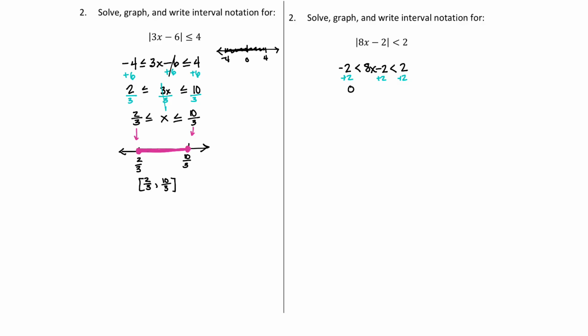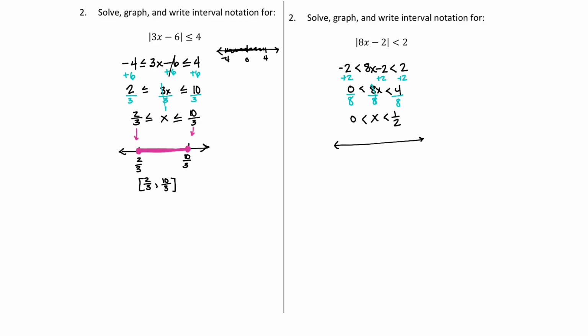And we get 0 is less than 8x, which is less than 4. And again, don't freak out with the zeros. Zeros are a number, and it's totally fine. Now we're going to divide all three parts by 8, so that x is left in the middle by itself. We get a 0 here. Simplify this one, and you get 1/2.